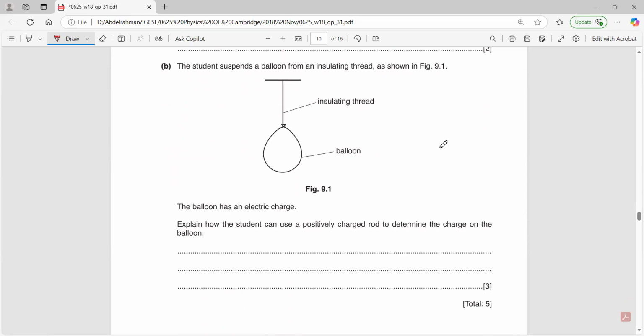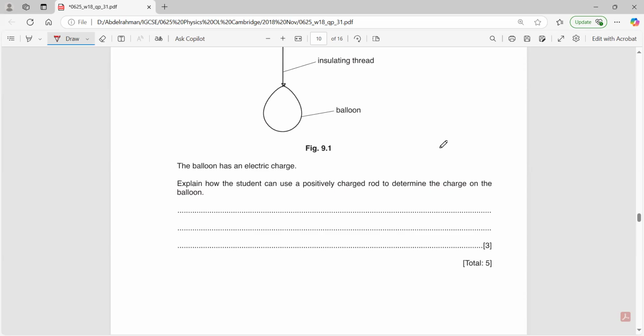A student suspends the balloon from an insulating thread. The balloon has an electric charge. Explain how the student can use a positively charged rod to determine the charge on the balloon. Put the rod close to the balloon.